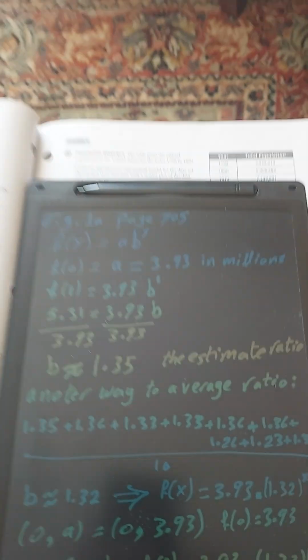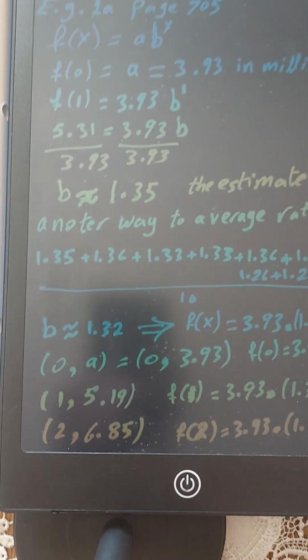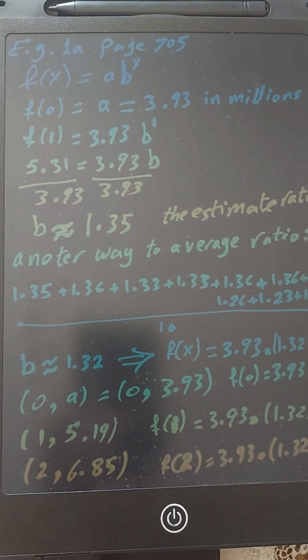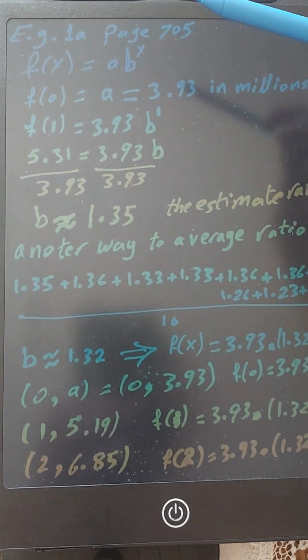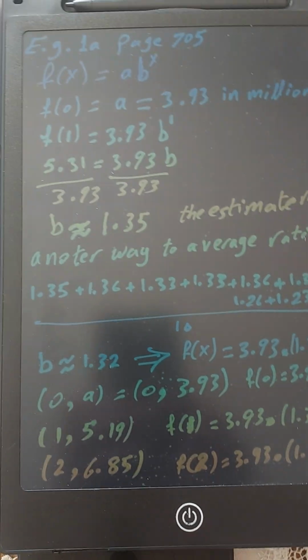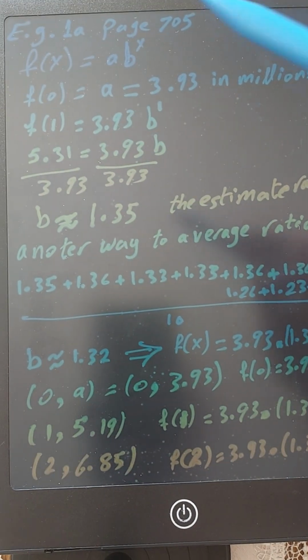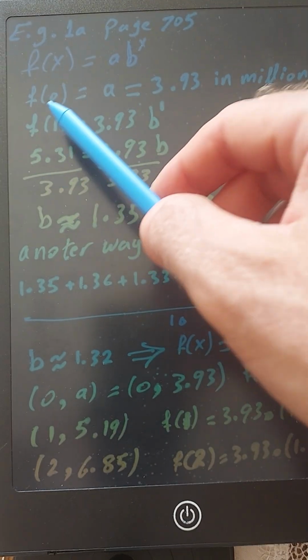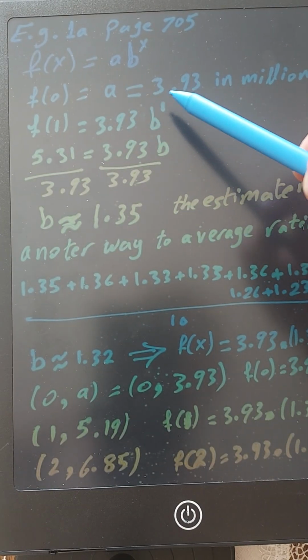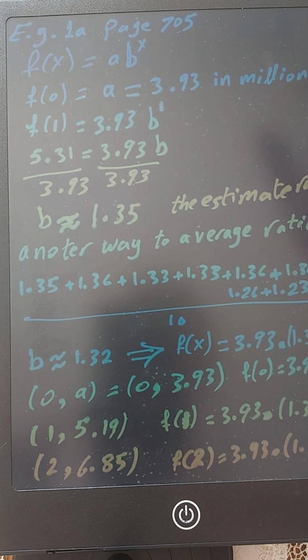From the table given to us, we can determine the initial value for the function. The base function we're going to use is f(x) = ab^x, and from the table f(0), the initial value, equals 3.93 in millions, just to reduce rounding and the space of the numbers given in the table.